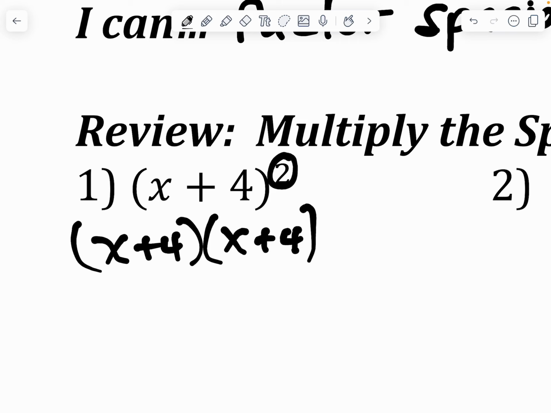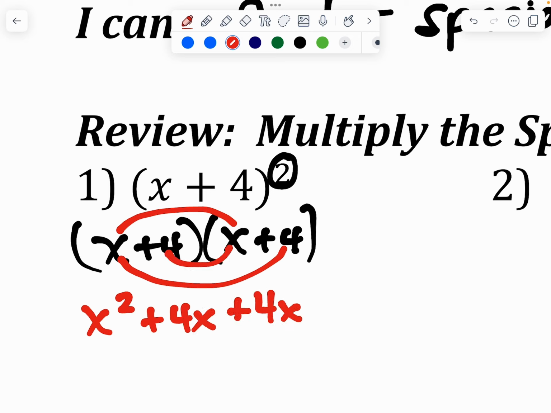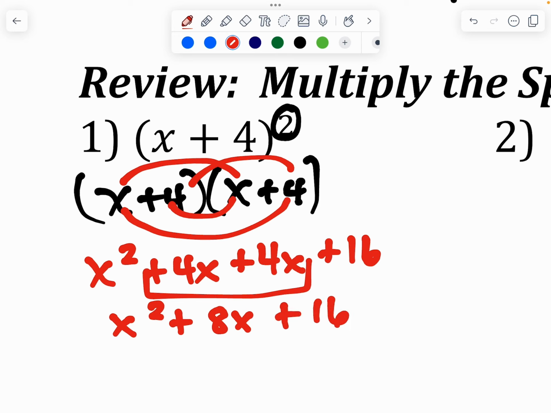So if we FOIL, our first terms is x squared. Our outside terms is 4 times x, which is plus 4x. Our inside is also plus 4x. And our last terms is 4 times 4, which is plus 16. If you combine your middle terms, we get 8x. So x squared plus 8x plus 16.